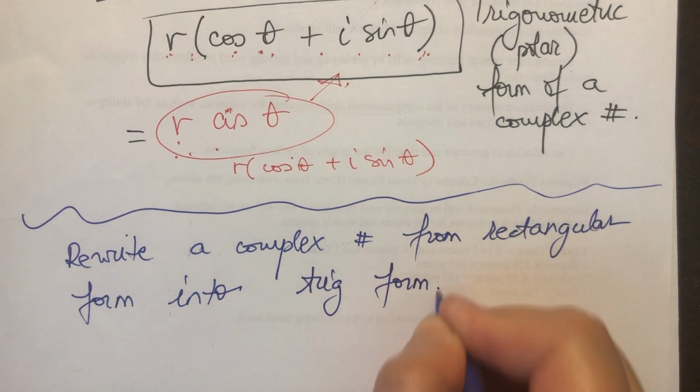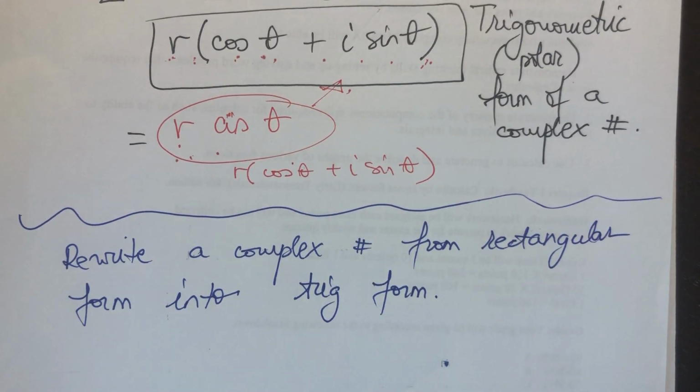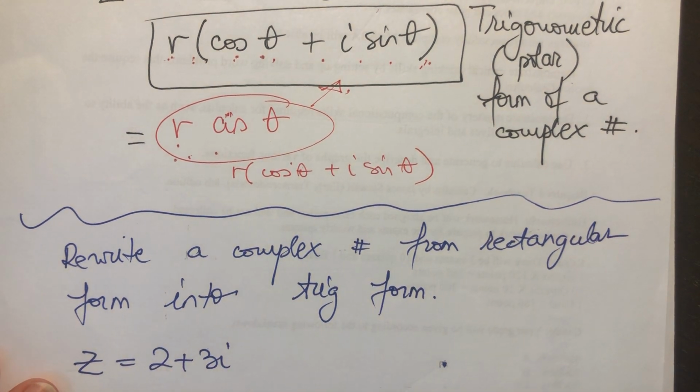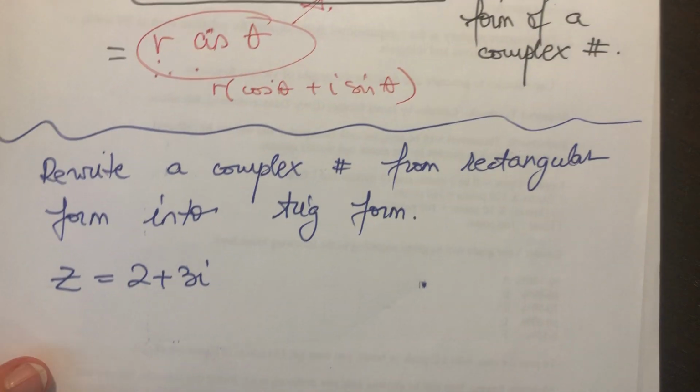And we're going to see also in this section, which is quite a long section, why this is important. Here it is. I'm going to take one that we've been using all along, z equals 2 plus 3i. How would I rewrite this in trig form?